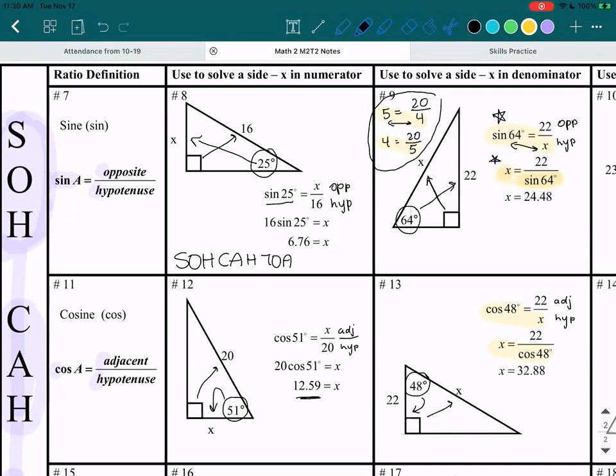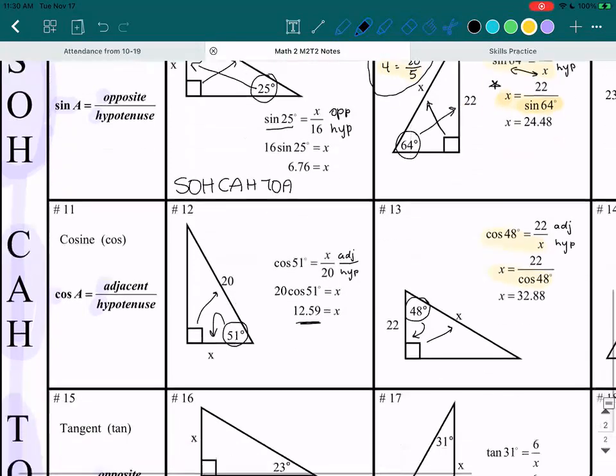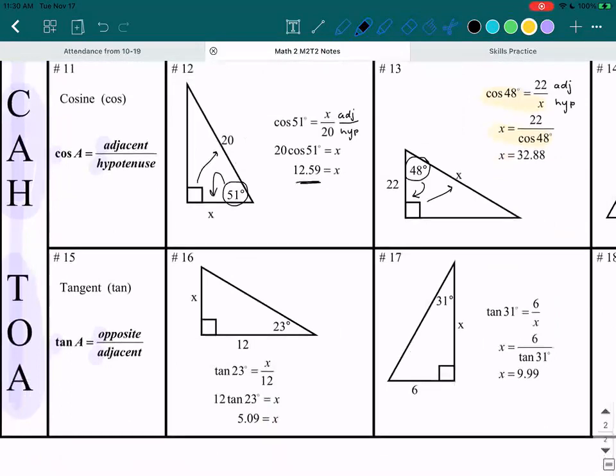Okay, let's go down to boxes 16 and 17. So now we're dealing with the tangents. Remember, the tangents are opposite over adjacent based on SOHCAHTOA, because TOA stands for tangent, opposite, adjacent. So tangent is opposite over adjacent. Let's take a look at how that plays out in box number 16, where we are given that as our reference angle. So then we are dealing with the opposite side and the adjacent side.